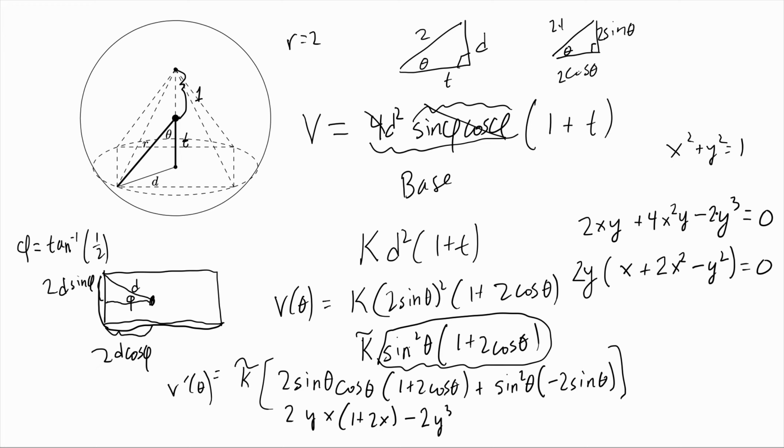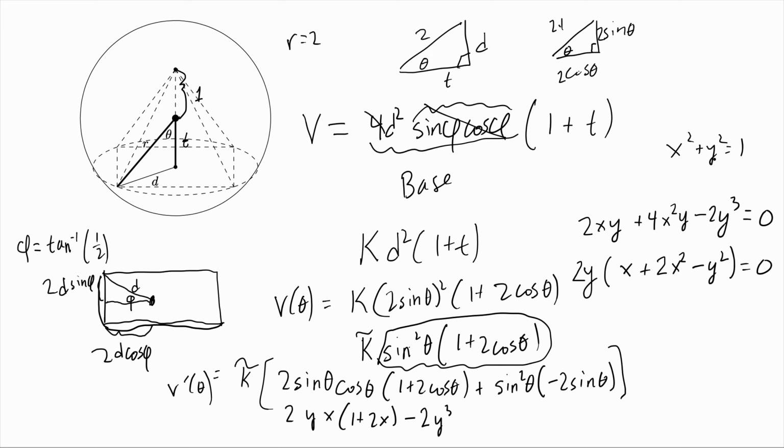Let's see if we factor out a 2y. Yeah, okay. So in that particular case, we can continue, we can factor out a negative 2y and rearrange this. Actually, before we do that, see this y squared and this x squared? We can actually relate this y squared to x squared via this equation right here.